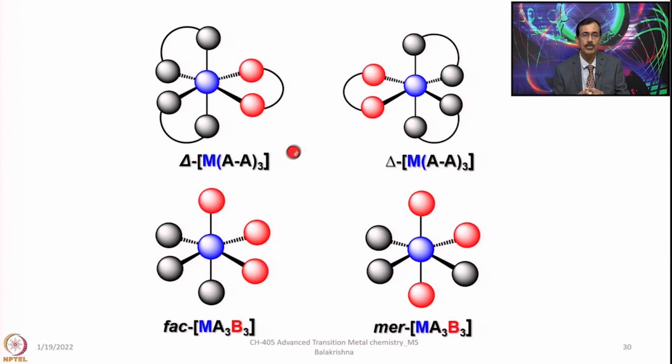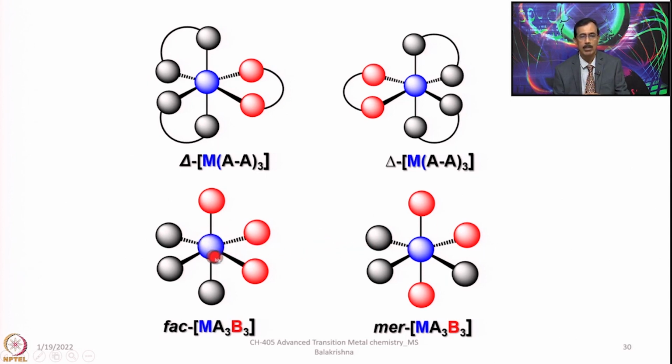Okay. So, when we have 3 bidentate ligands, even if it is homoleptic, just for understanding I have given different colors here, all are homoleptic. Even when they are homoleptic, you can think of having a non-superimposable mirror image, and hence they can also exhibit optical isomerism. And when we have Ma3B3 composition, octahedral complexes having 2 sets of 3 ligands, they also exhibit geometrical isomerism.